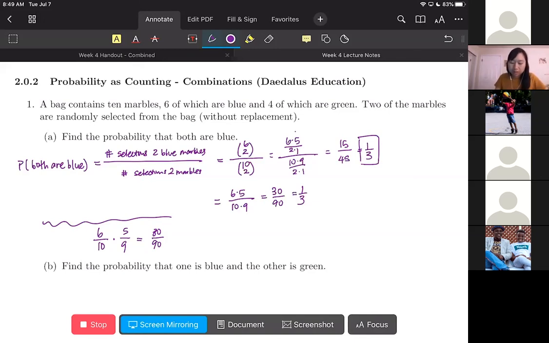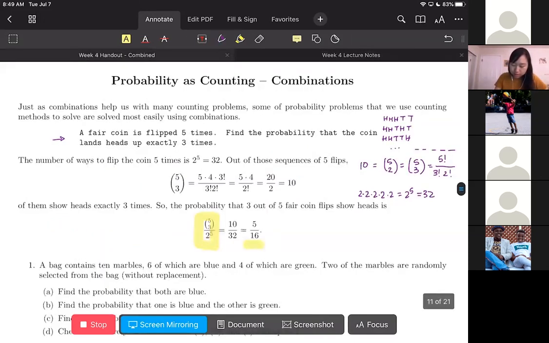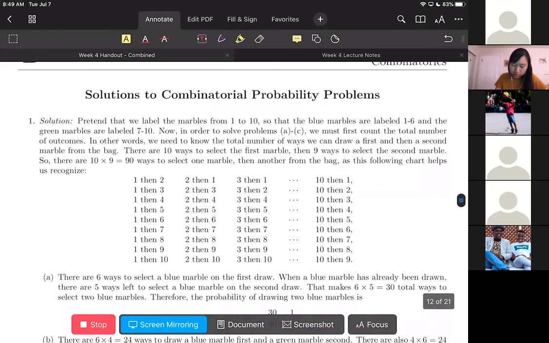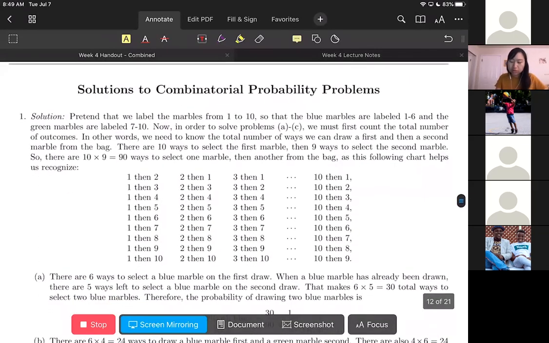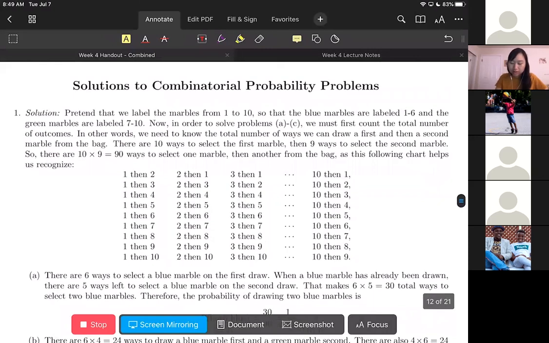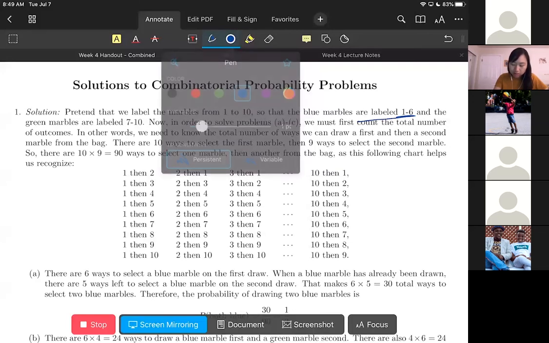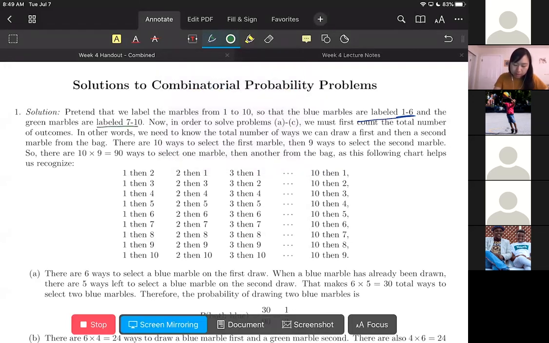I'll show one more way we could do this, and it's written out here, which is kind of helpful. Basically we could pretend that we label the marbles 1 through 10. So maybe we label the blue marbles 1 through 6, and then the green marbles 7 to 10. Then we can count the total number of outcomes by listing out all the ways that we could select these 2 marbles.